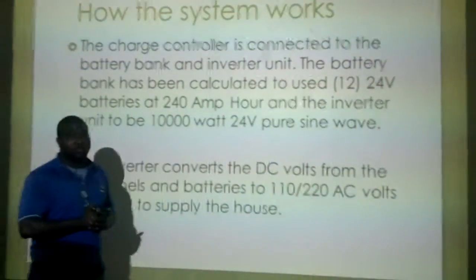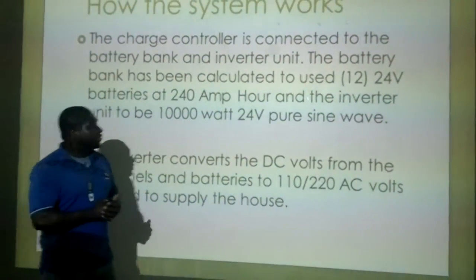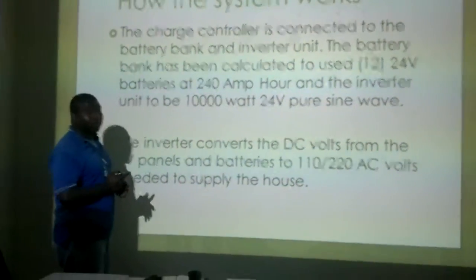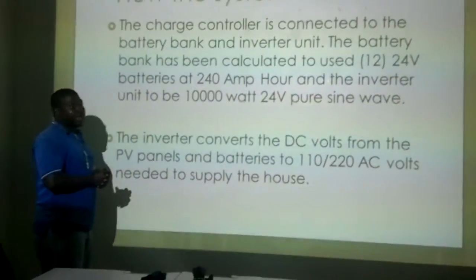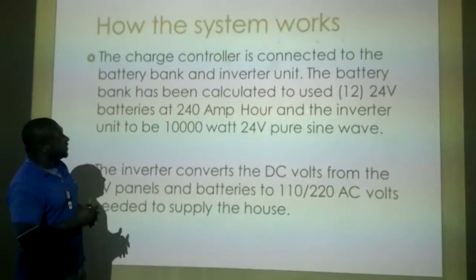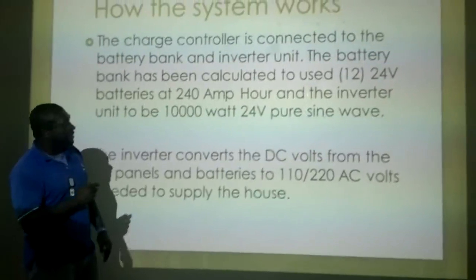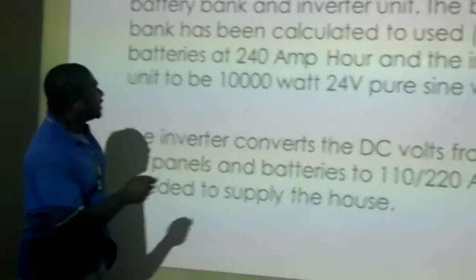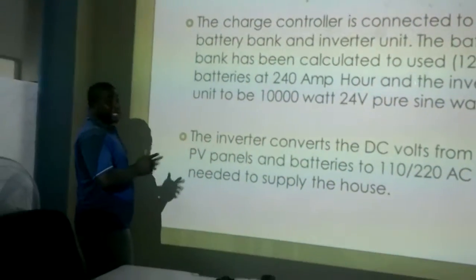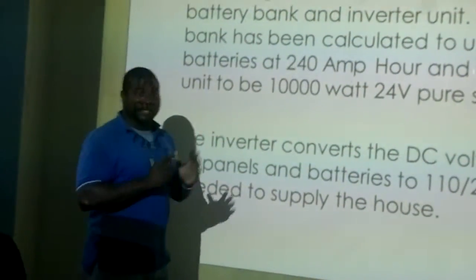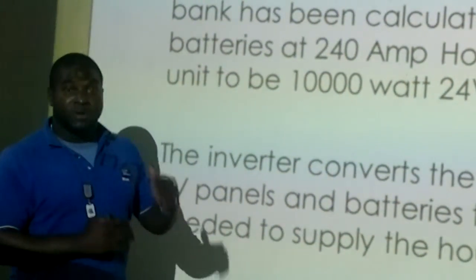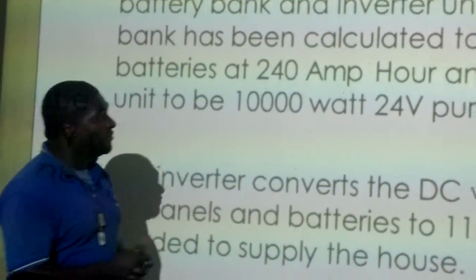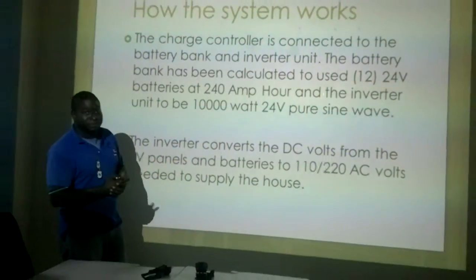It takes the DC current from the PV panels and uses it to charge the battery throughout the daytime, as well as provide the DC source to the inverter to supply the system throughout the day. So the charge controller charges the batteries in the day, and while the batteries are fully charged, it switches over and uses the voltage sent to the inverter to power the system.